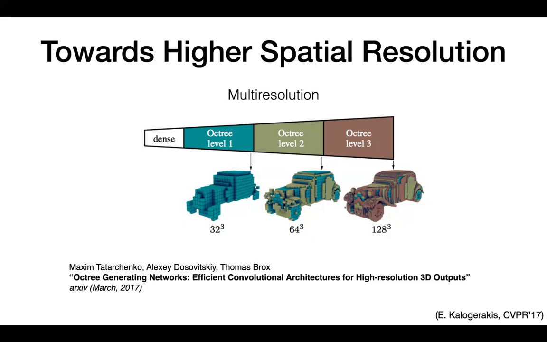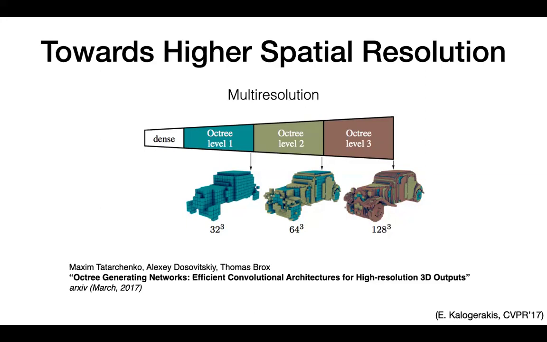Because we can start with our octree, and then we can take levels with different resolutions and combine them, and subdivide where the geometry is finer and leave other parts where the geometry is not so fine.